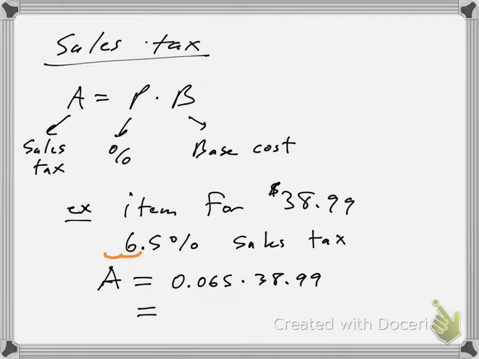This equals, if I round to the nearest dollars and cents, $2.53 of tax. So my total cost for the item is $38.99 plus that.